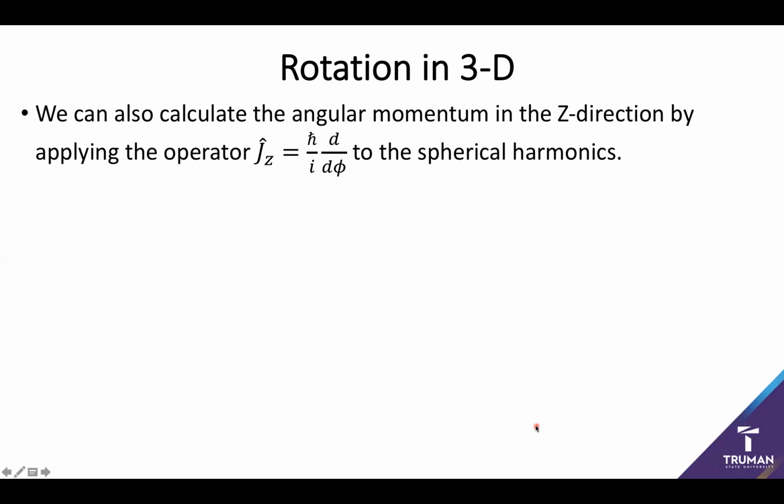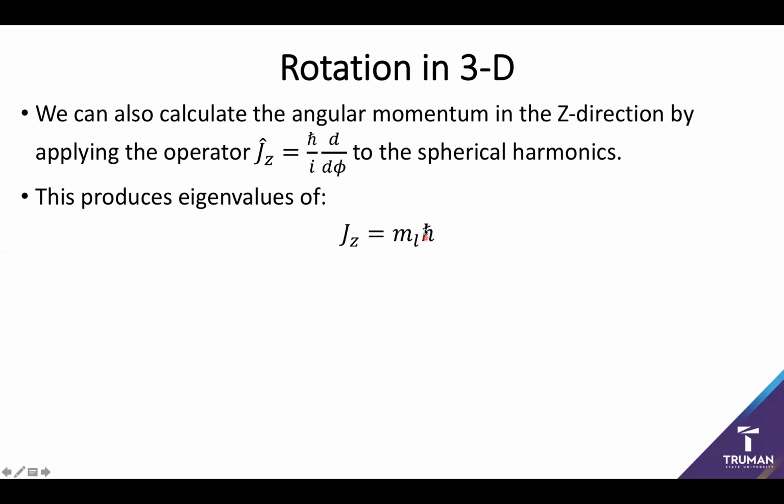So this gets a little bit messy. However, we are to a certain extent saved by the fact we already solved the two-dimensional system. So we can actually apply the angular momentum in the z direction, again, same operator as before, to our spherical harmonics.